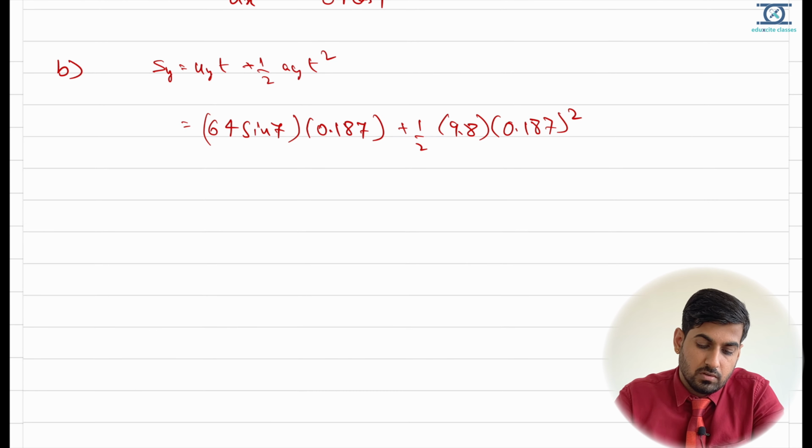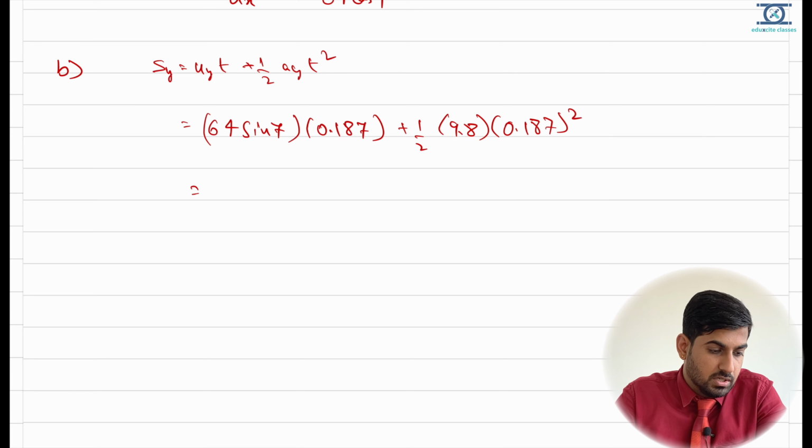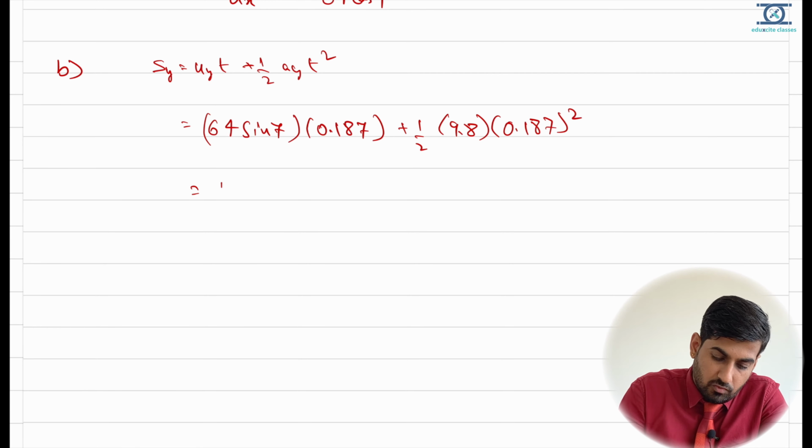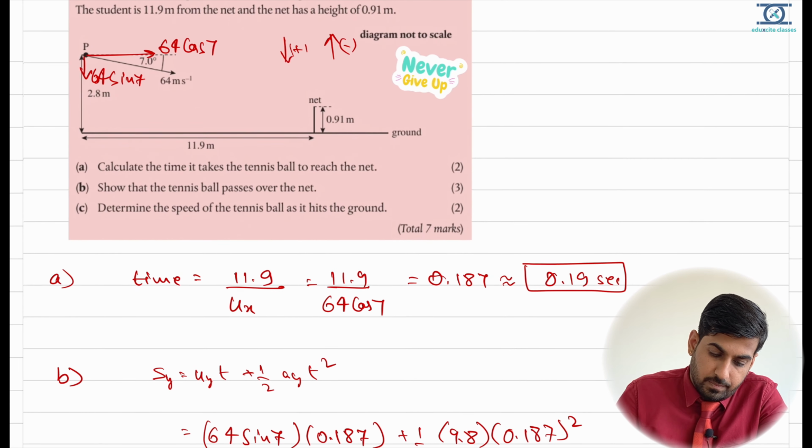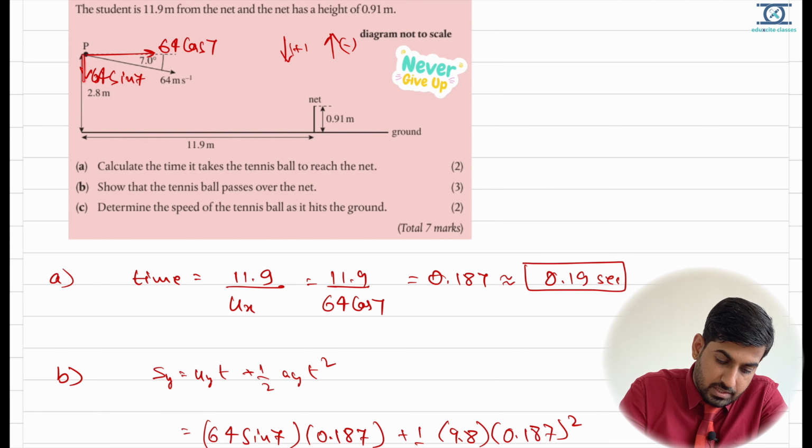If you solve this equation, you will get something around 1.66 meter.